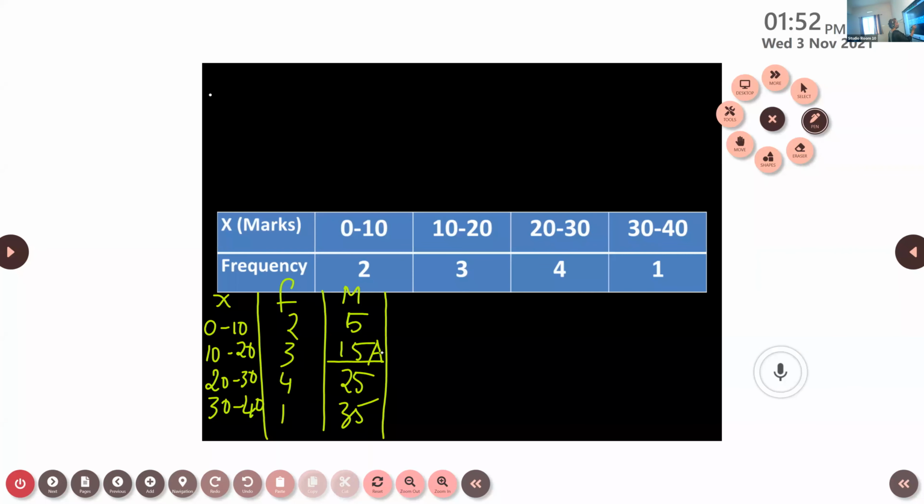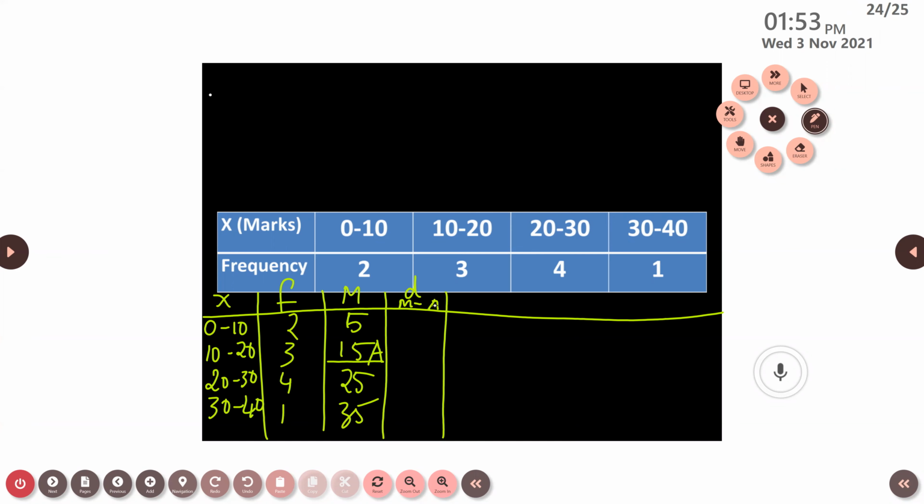Now what should be the next column? D, right? From there, how can you find that? M minus A, that is mid value minus assumed mean. Which number is taken as assumed mean here, Pavitra? 15. 15 we have taken.